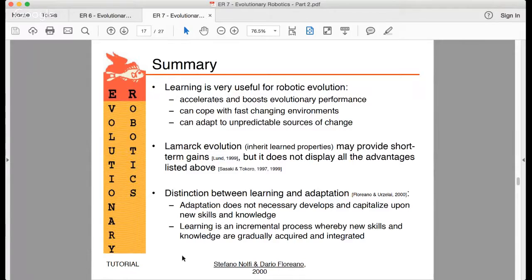It can cope with fast-changing environments, and it can adapt to unpredictable sources of change. So in order to distinguish between learning and adaptation, we should know that adaptation does not necessarily develop and capitalize upon new skills and knowledge. And you should also know that learning is an incremental process whereby new skills and knowledge are gradually acquired and integrated.